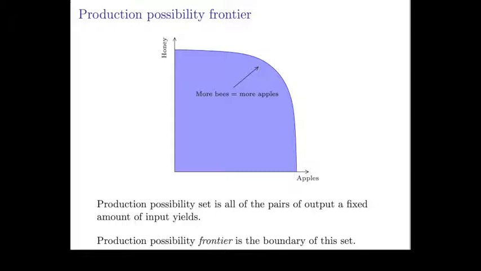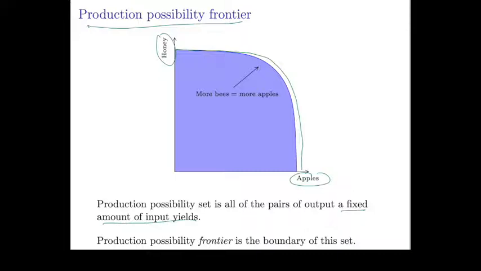To look at these examples, we're going to use the concept of a production possibility frontier. What do we mean by that? We're going to fix the amount of inputs. So we're going to say there's a fixed amount of inputs and see how much of the two different goods we're able to produce using those same inputs. And we're going to look at this frontier.